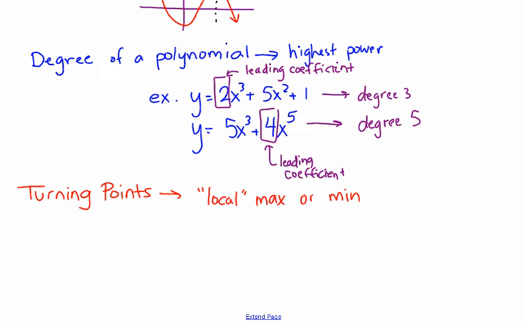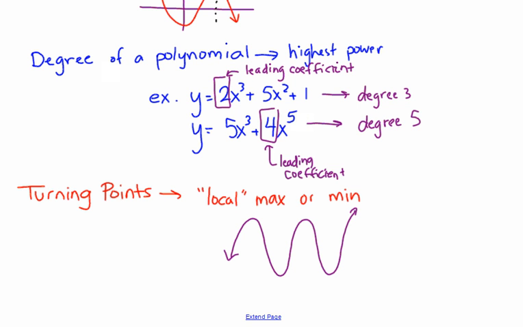So what do I mean by a local max or min? We talked about them yesterday as being humps. Okay, what I meant by a hump is really a maximum or a minimum value. So a graph only has a turning point if it has a max or a min.